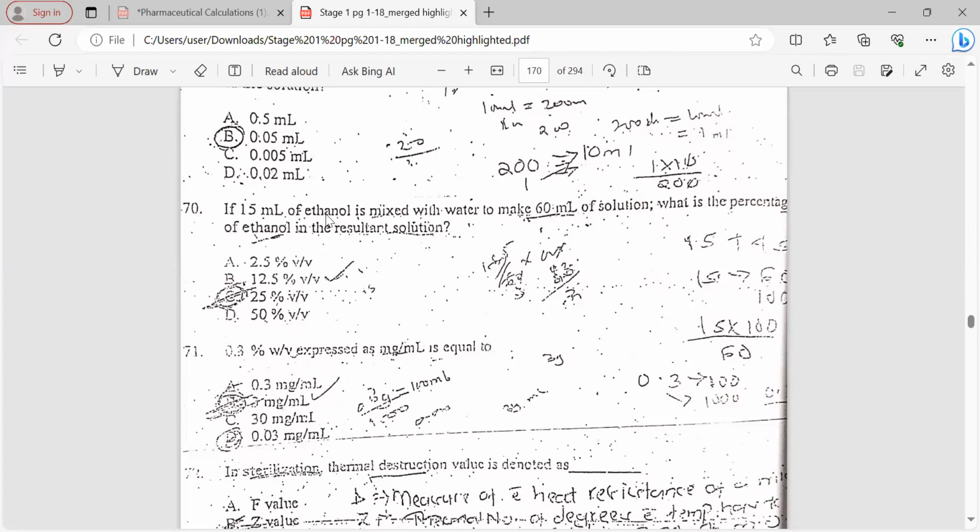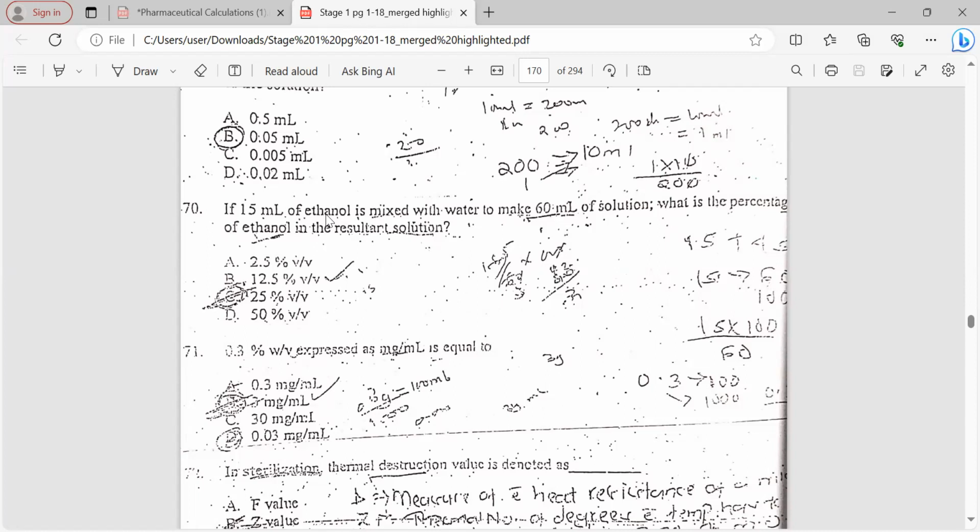Here they want to convert 0.3 grams in 100 ml to milligrams per ml. So 0.3 grams is in 100 mLs.